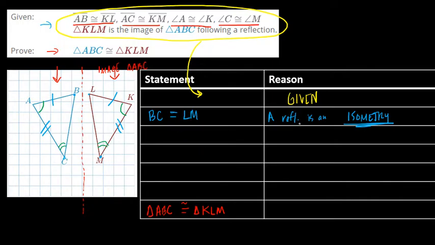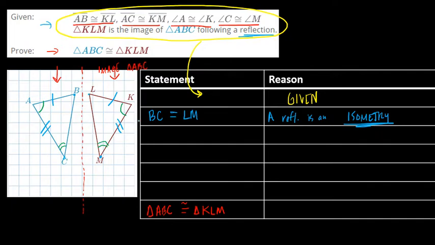And it's important that we've established already in our statements that KLM is an image of ABC following a reflection. Okay, so I've said that BC is equal to LM because a reflection is an isometry, and isometries preserve distance.